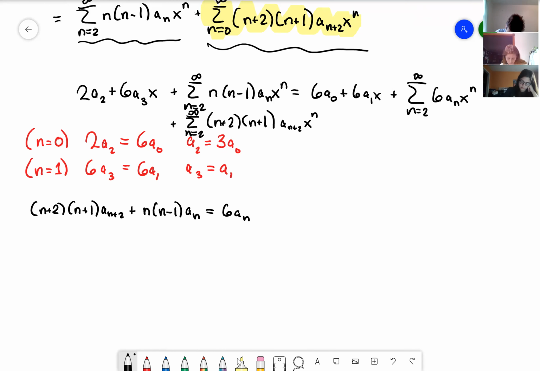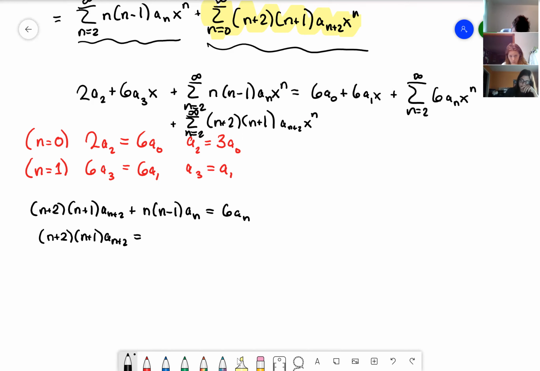Double checking. Okay. Now I'm going to subtract the an's over to the other side, to get, well, I'll expand that out. That's n squared minus n plus 6.